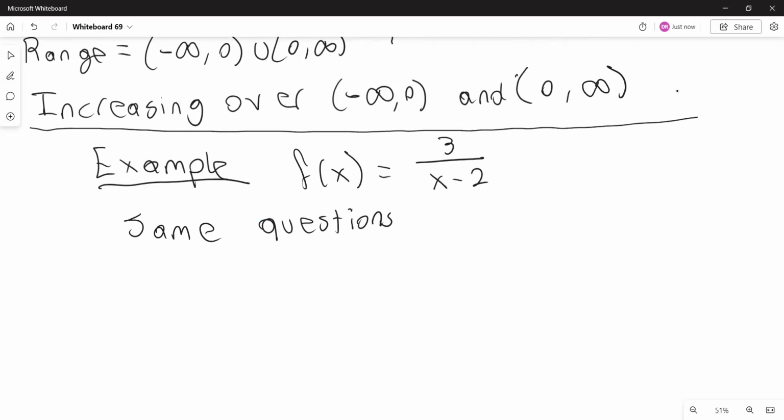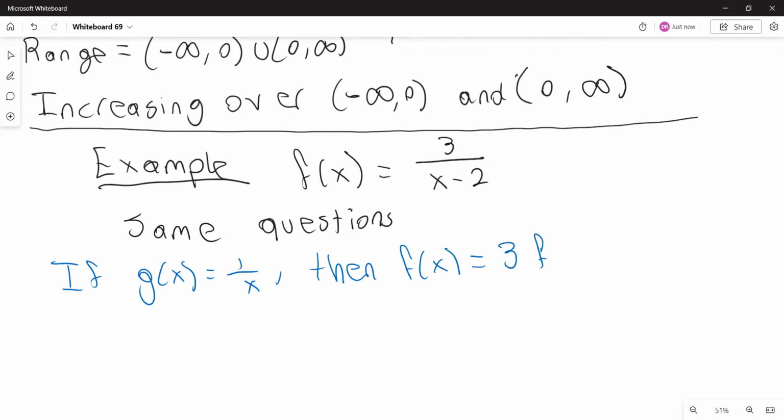We're going to graph the function, determine the domain and the range, and the intervals where the function is increasing or decreasing. So if g of x is 1 over x, then f of x is going to be 3 times g of x minus 2.